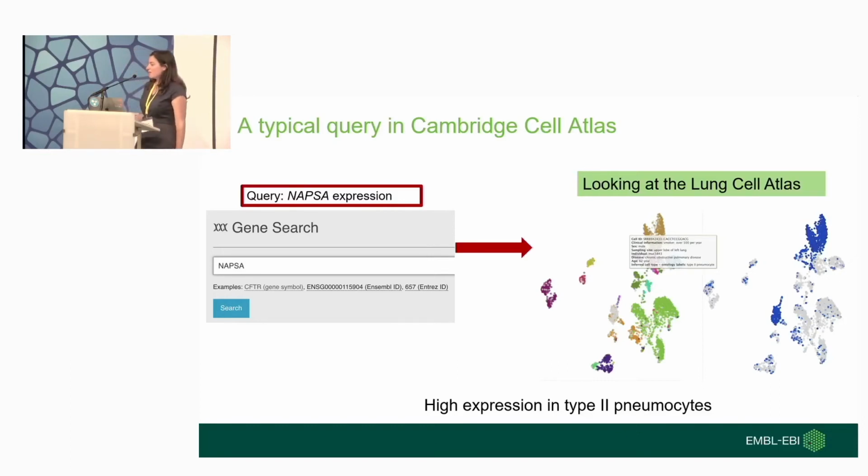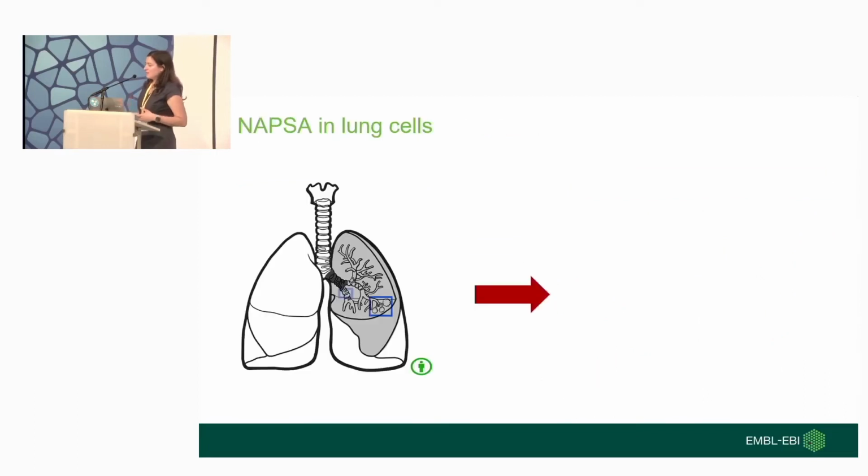And then we're working also with some illustrators to develop these diagrams that we call anatomograms of the different body parts. So you have an option there to click on the anatomogram, and you can see the lung and the area where the sample was taken.